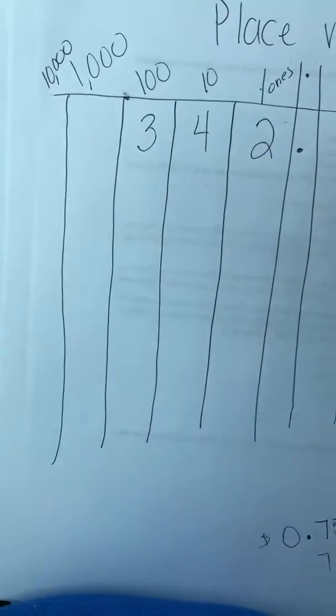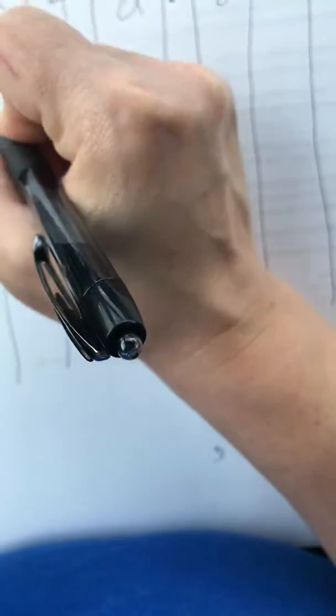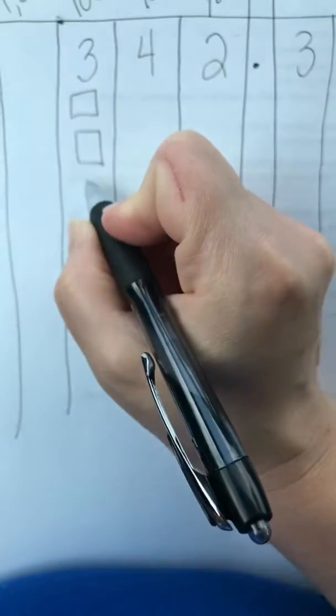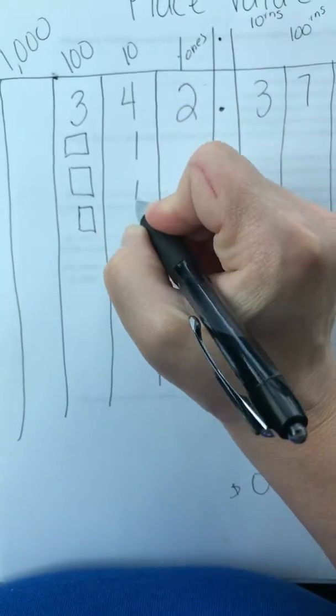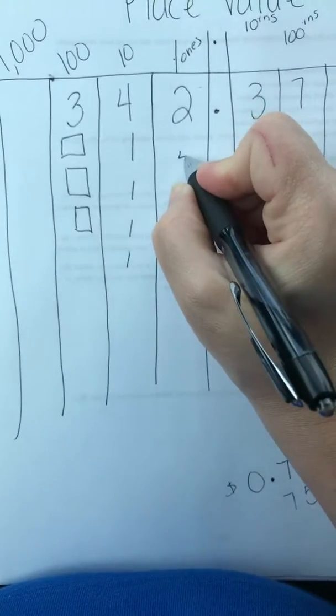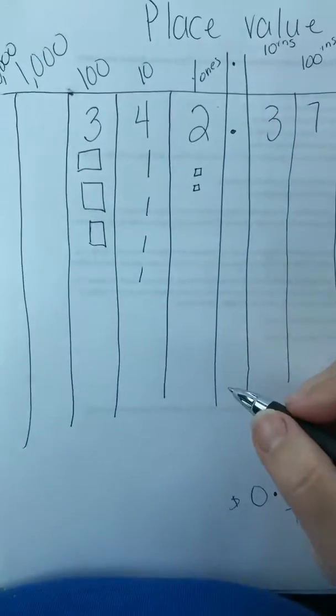Because what this means is that if I were to draw this, in the hundreds I would have 3, in the tens, 1, 2, 3, 4, and 2 in the ones.